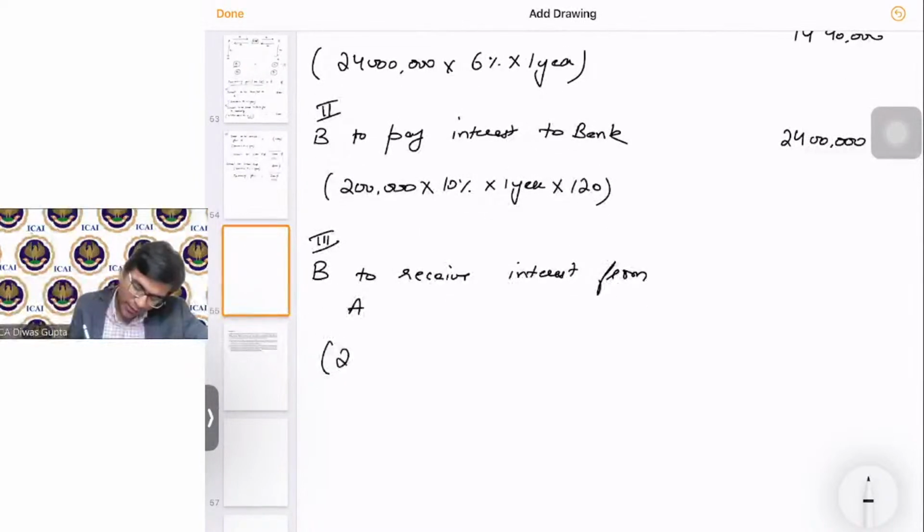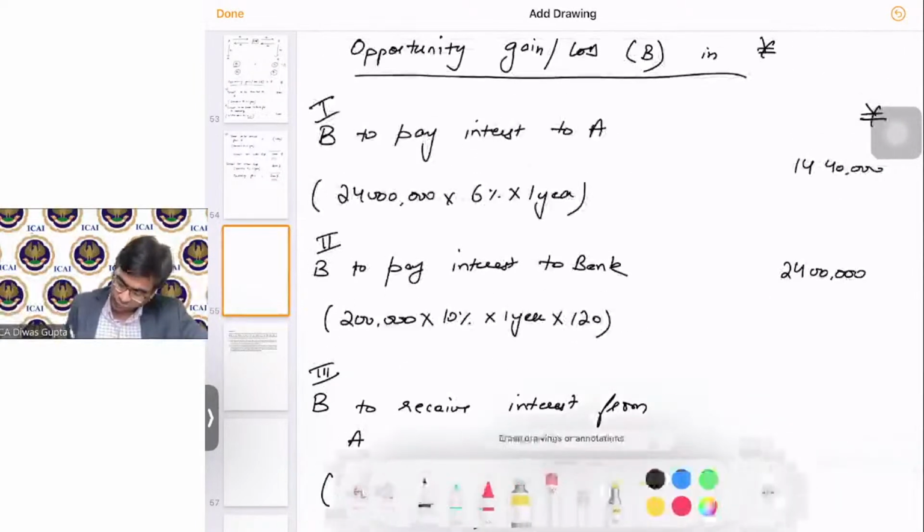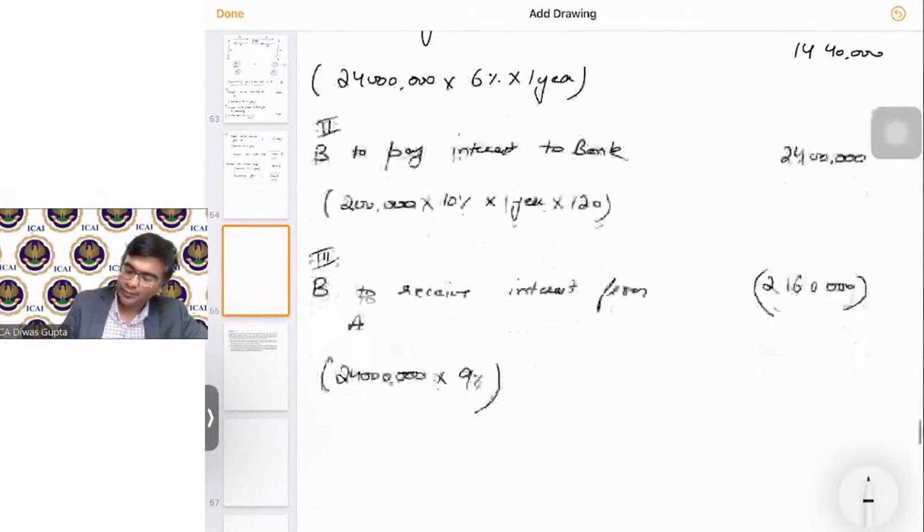On 24 million, B would end up receiving 9% from A. Correct? 2,160,000.